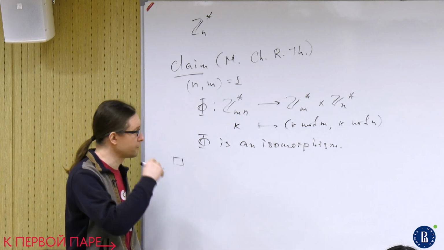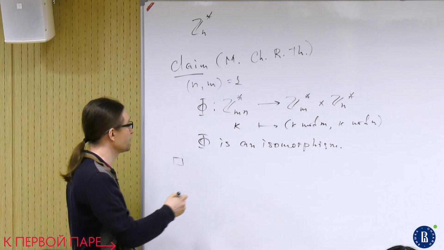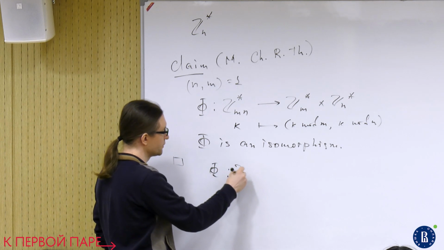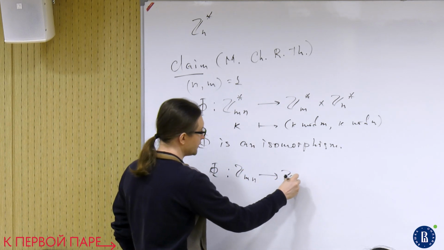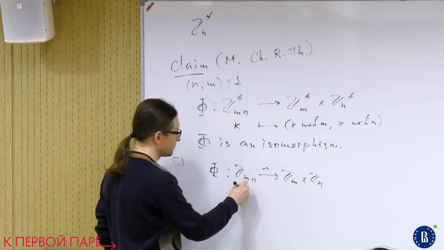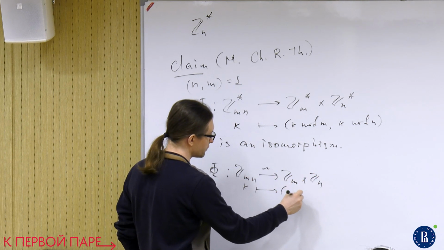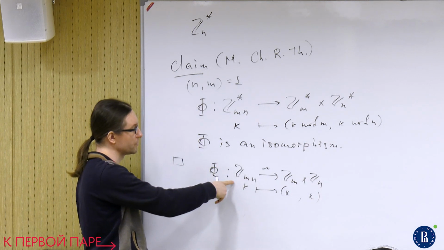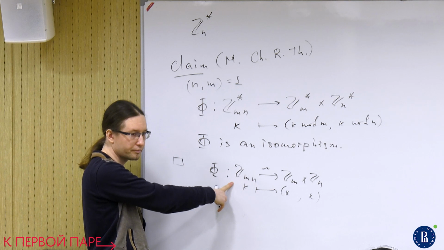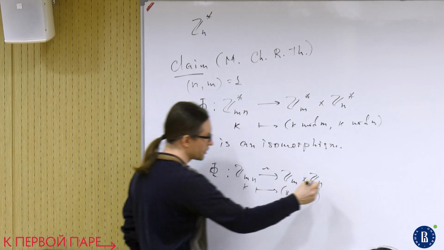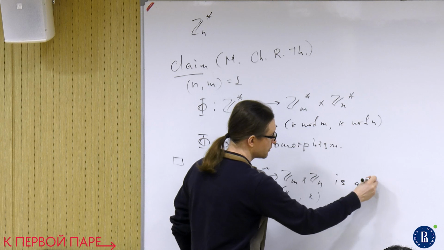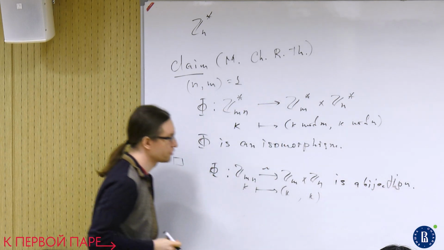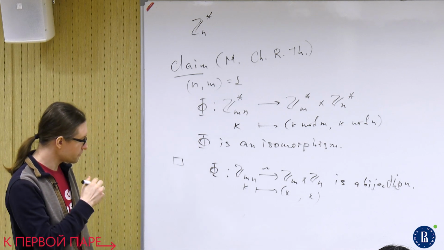In this case, the proof will be easier than in the previous case, because we already know that if we take the map phi from Z_mn to Z_m times Z_n, given by k goes to k modulo m and k modulo n, then this map is an isomorphism of groups with operation given by addition. So we already know that this is a bijection by the usual Chinese remainder theorem.